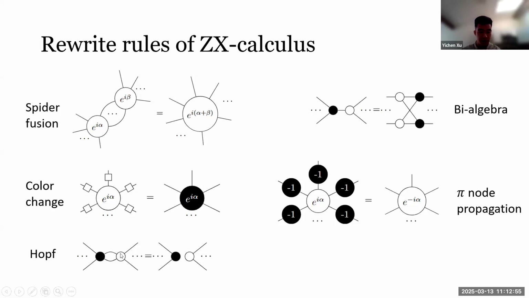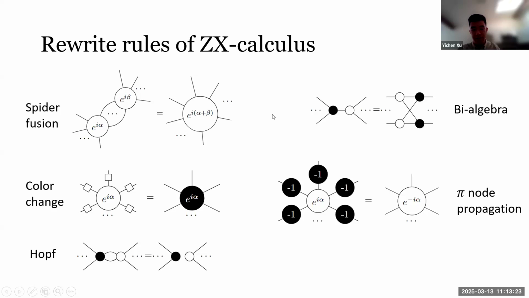The third rule is the Hopf rule. The name Hopf comes from Hopf algebra. Pictorially, if you have a pair of X and Z nodes with two legs connected between them, it looks as if they are not connected. This can actually be derived from the axioms of ZX calculus. The fourth rule is the bialgebra rule. It works for a pair of phaseless nodes.